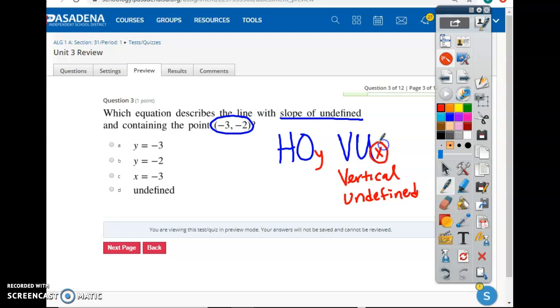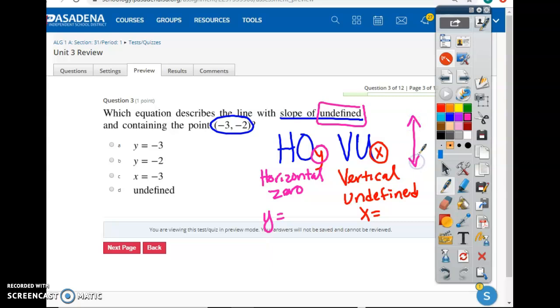So it has to start with x equals. Okay? If it was asking for 0 slope, then you would use this one, which is horizontal, has 0 slope, and starts with y equals. It's a y equals equation. But because it's asking for undefined, then it has to be x equals. And remember, x equals gives you a vertical line. Okay, so answer that question.